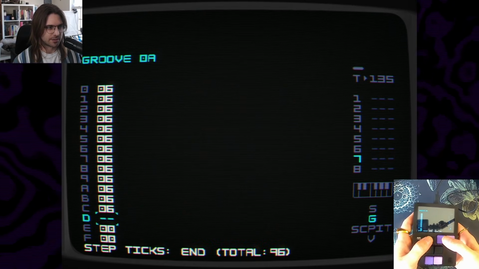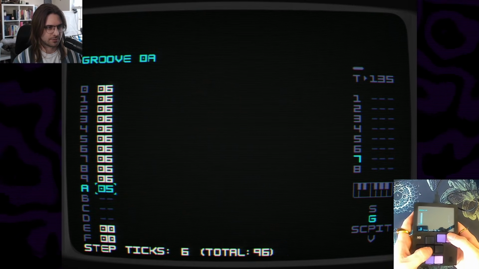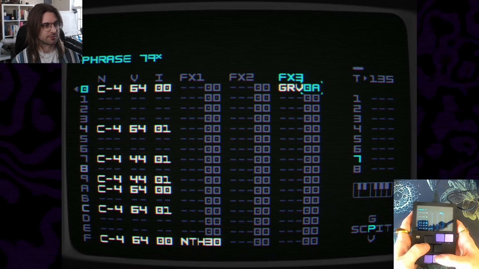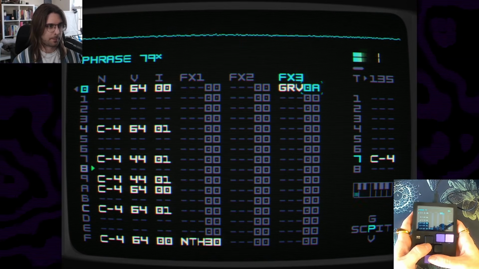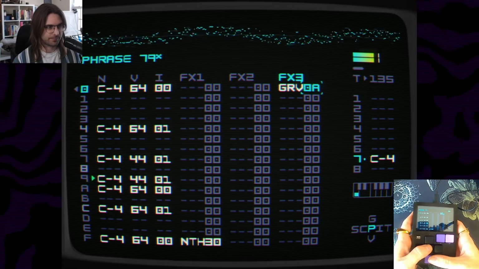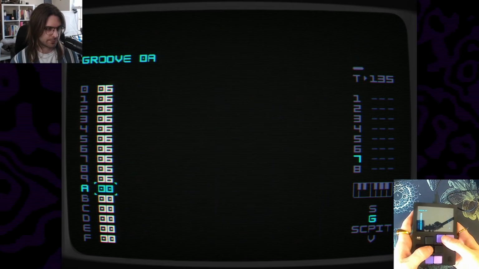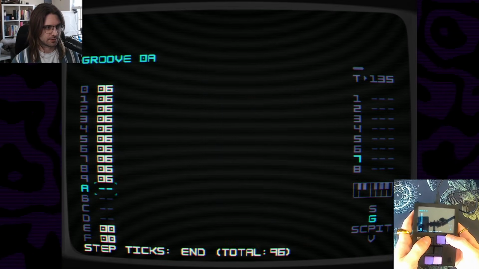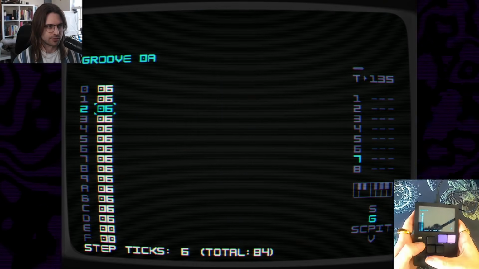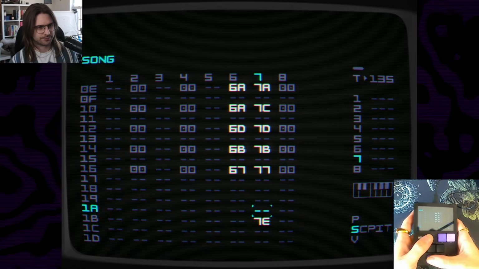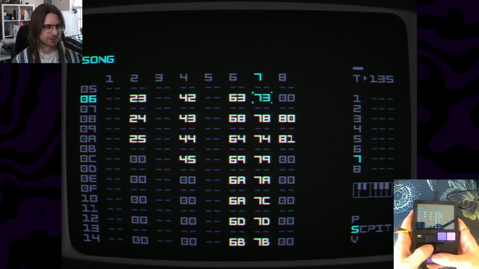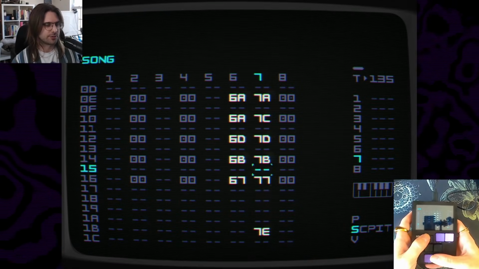And if I skip the last 6 steps, that'll give us 5/8. So you can do a bunch of different fun stuff with grooves like this. If you're into less common time signatures, the groove table is going to be your best friend.